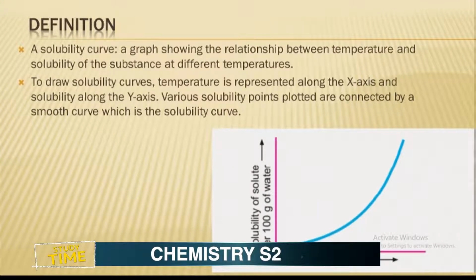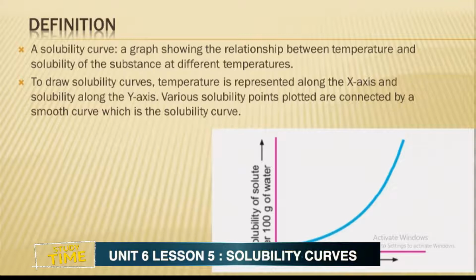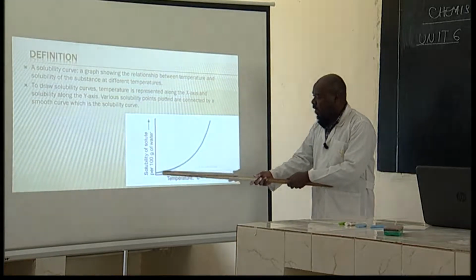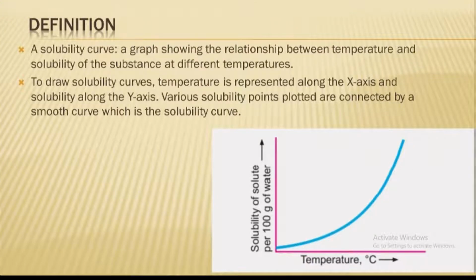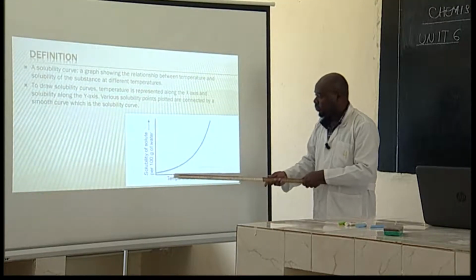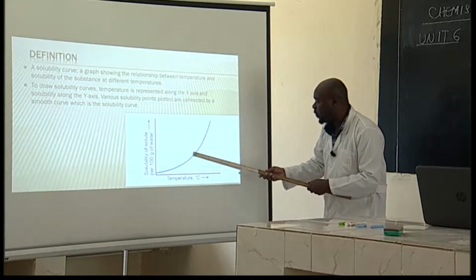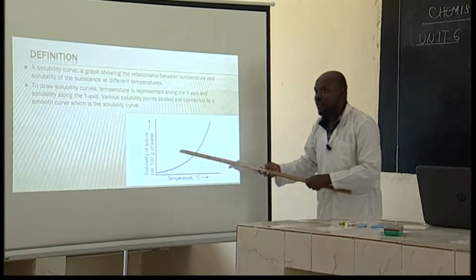So various solubility points plotted are connected by a smooth curve, which is the solubility curve. If, for example, we consider the point here, let us say here we have 5 and here we have 2. What does it mean? It means that the solubility at this temperature is 2. So we always connect 2 points, a point from Y and a point from X. At a given temperature, there is a specific solubility value.